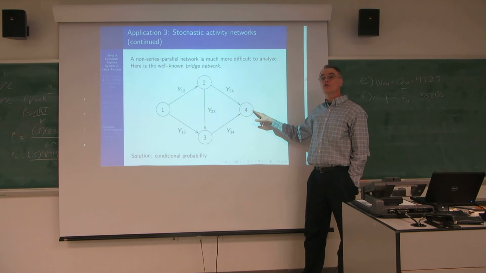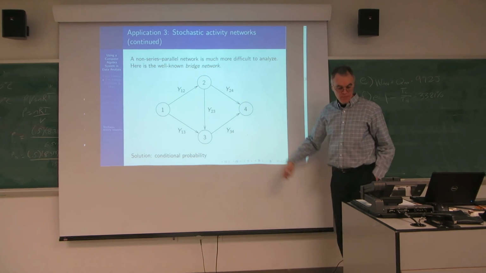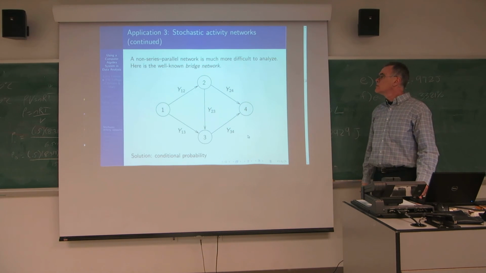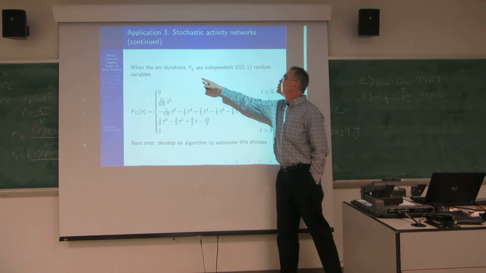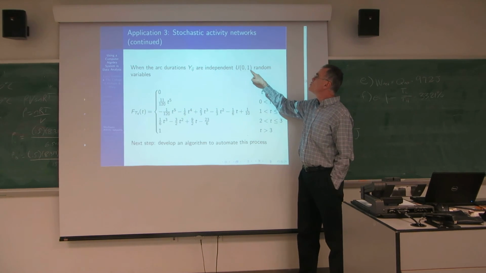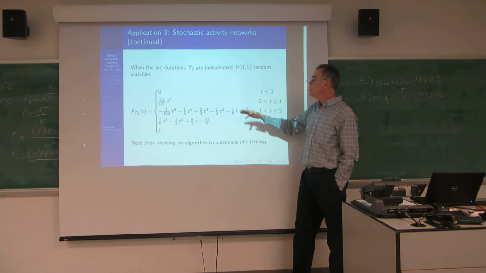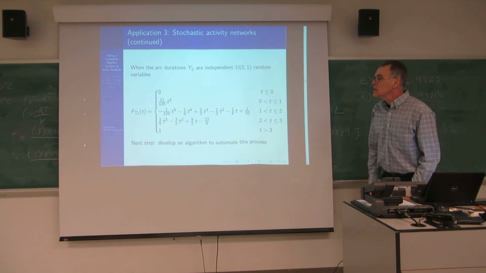So another undergraduate, his name was Matt Duggan from years ago, very, very smart guy. We worked on this problem for a while, used conditional probability to solve this network, and I'm ignoring all the details, but just showing you the result. If we assume that the durations are all uniform 0, 1 random variables on that network that I just showed you, this right here, you can work this out by hand, but it'll take you a while.